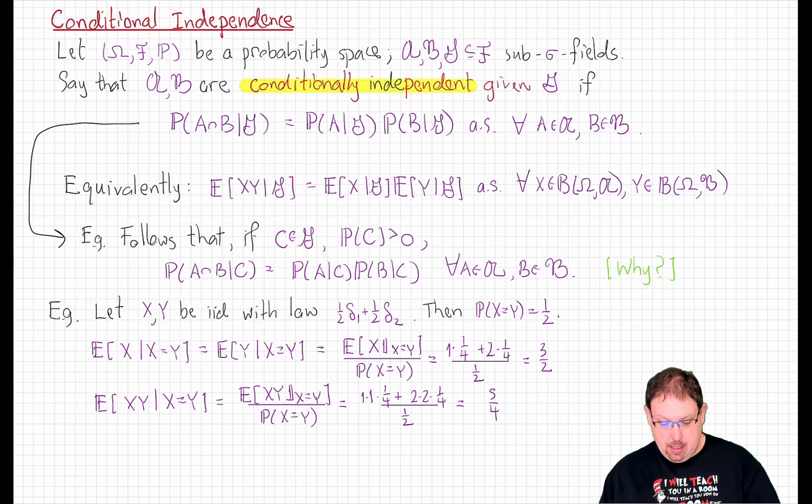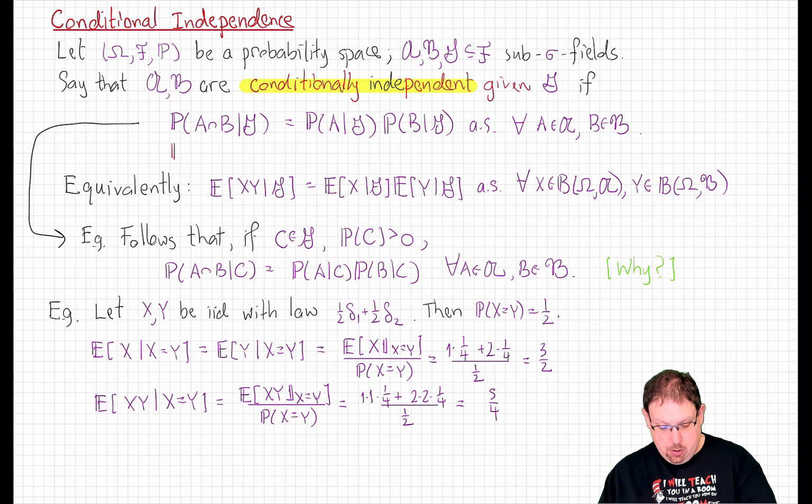That is, the conditional probability of A intersect B given G, which is a random variable, is almost surely equal to the conditional probability of A given G times the conditional probability of B given G for all events A in A and B in B.